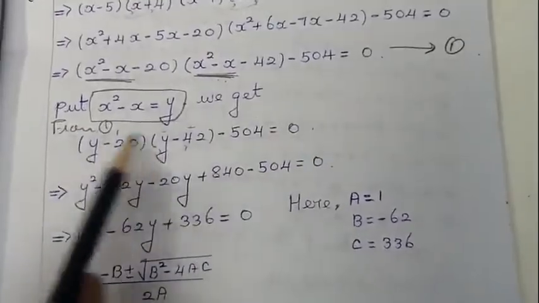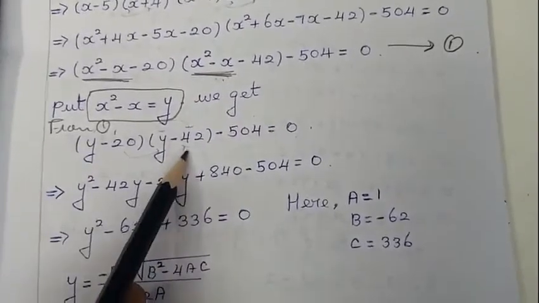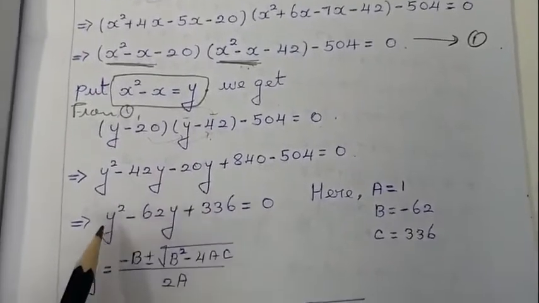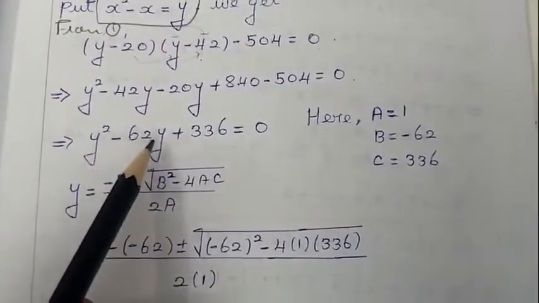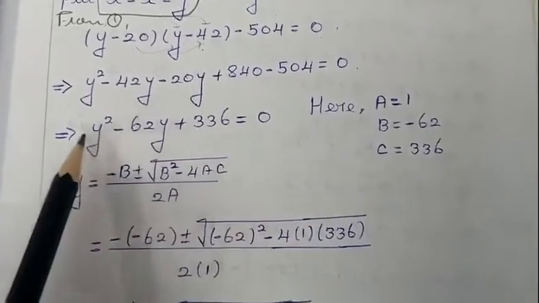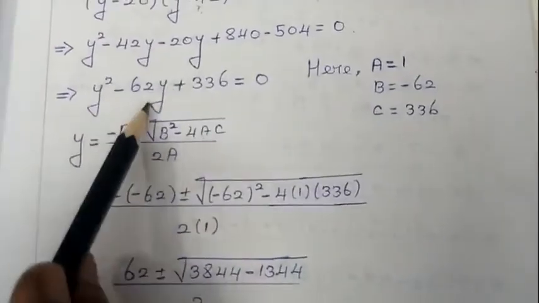Again, if you multiply these 2 factors, you will get it in the form of a quadratic equation. That is y square minus 62y plus 336 equal to 0.